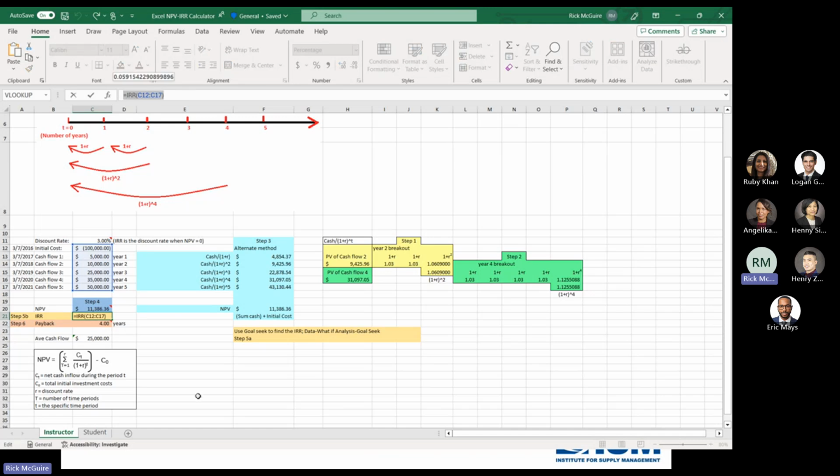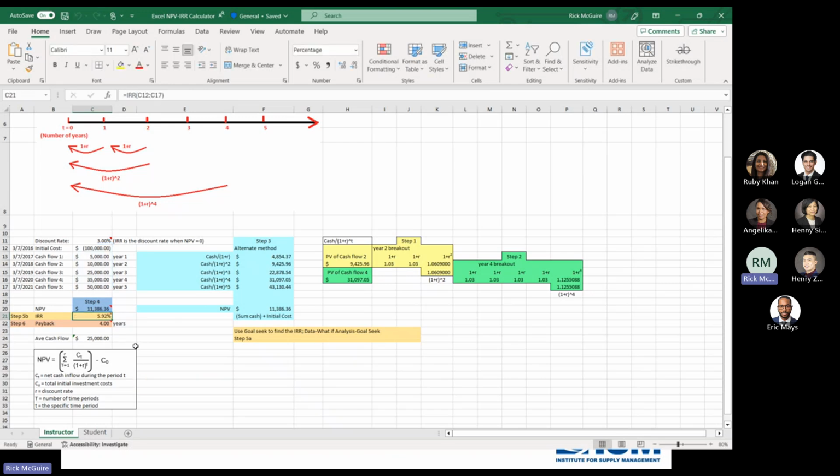And what it does is it just iterates until it finds the interest rate that gives you that net present value. So you would know what your cash outlays are, and you would know what you end up with, and you'd solve for the interest rate.